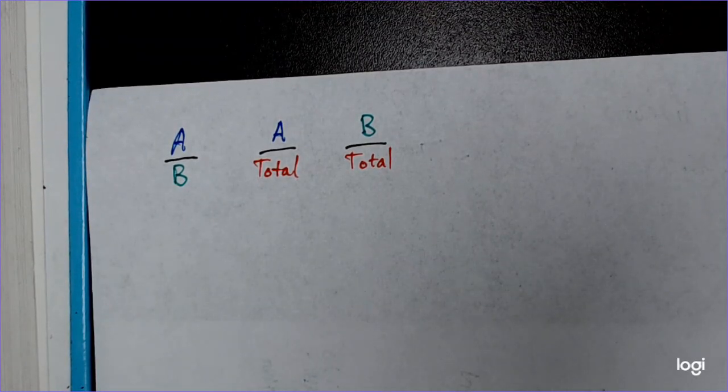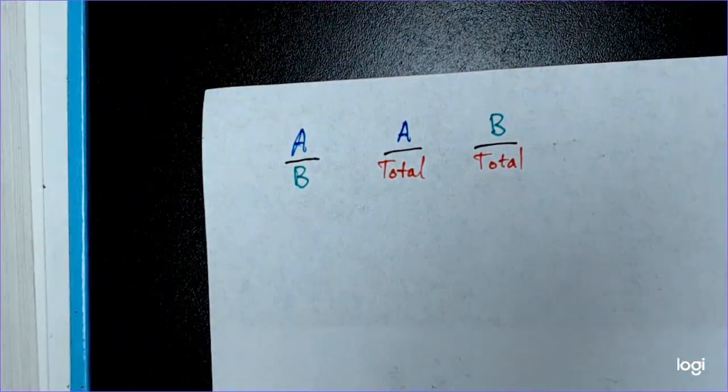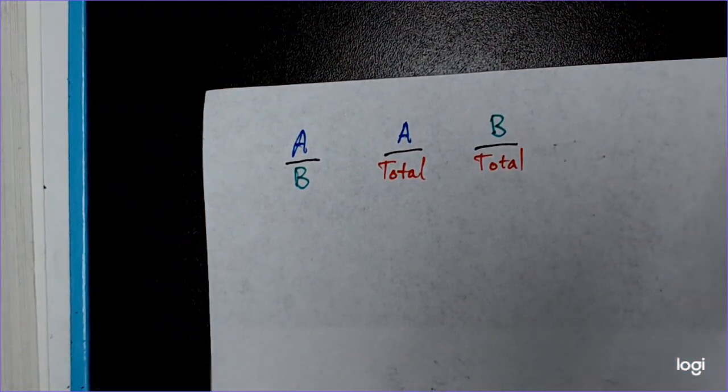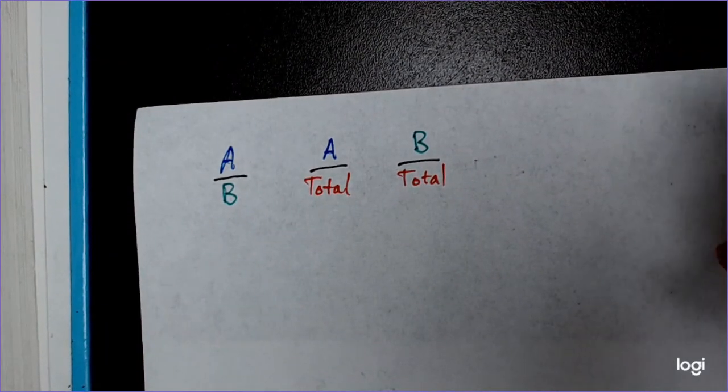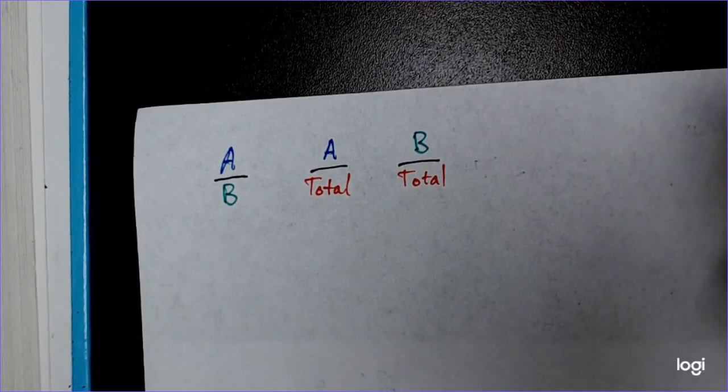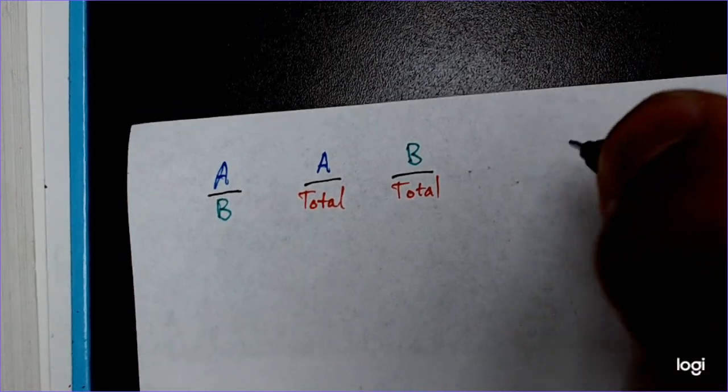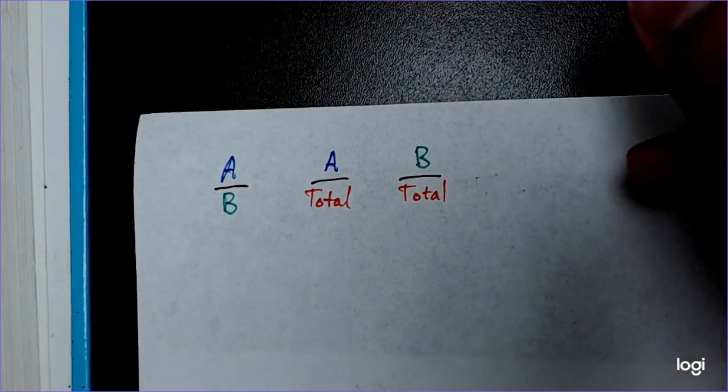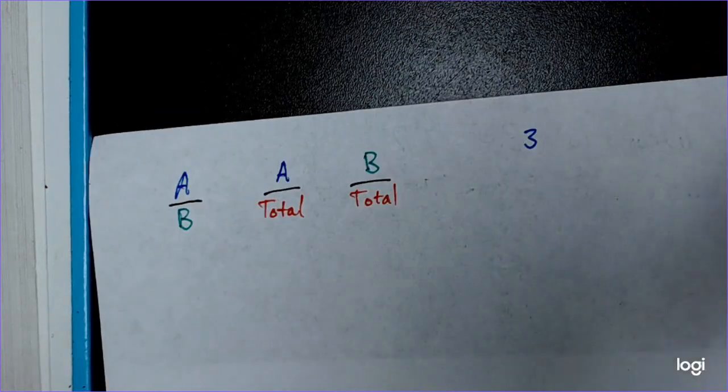So if we were to draw this in a box diagram like our percent problems, let's do a ratio first. Let's say the ratio of cups to bowls is 3 to 5.